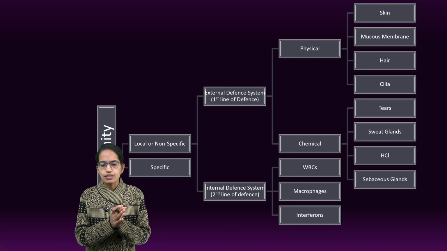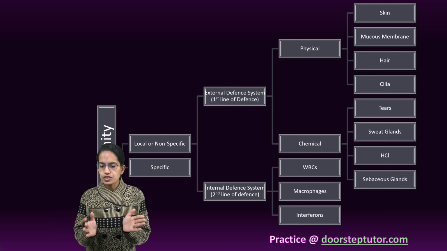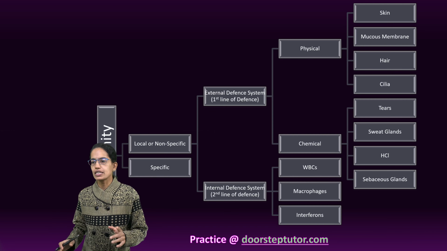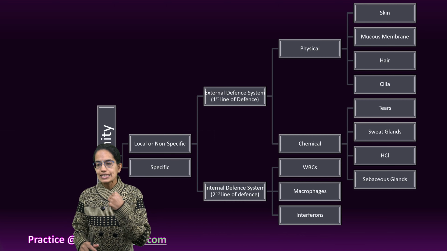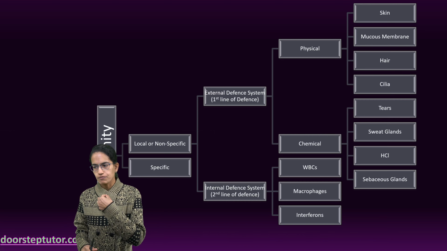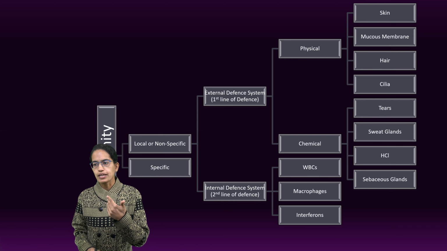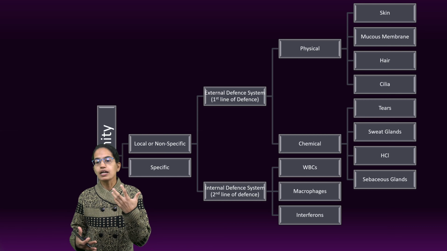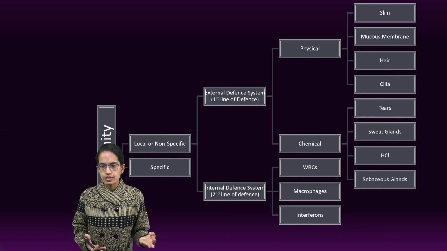The first line of defense, which is the external defense system, could be either physical or chemical. When I say physical, skin, as I said, is the first line of defense. Here, cilia are present in the windpipe and sweep the bacteria into the throat. Mucous membrane present in the stomach is another example of physical first line of defense.